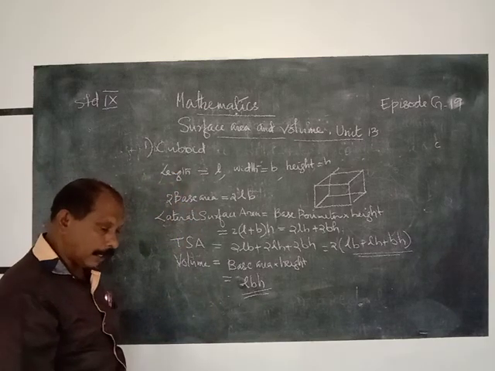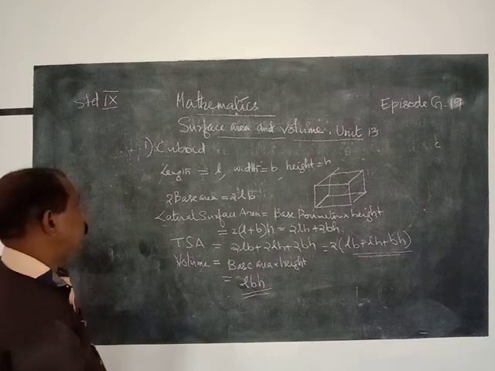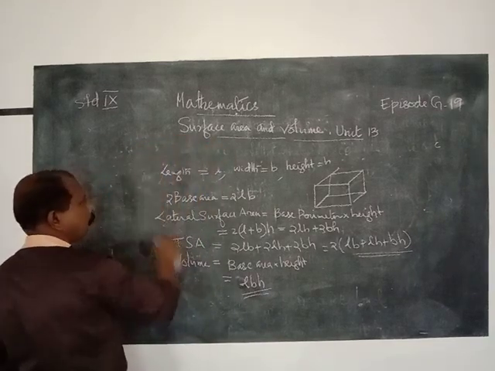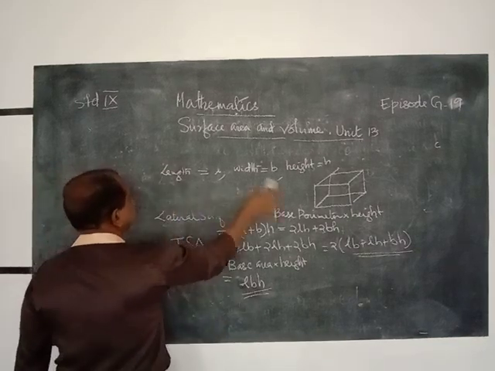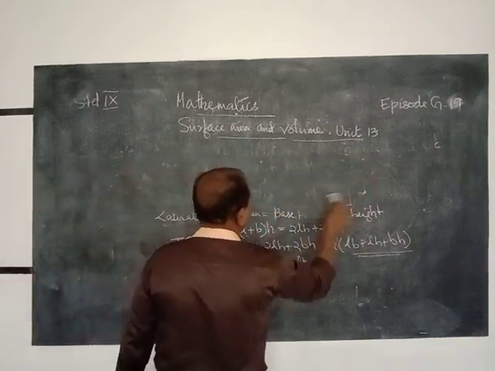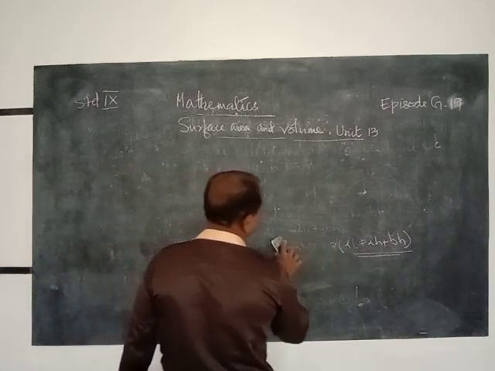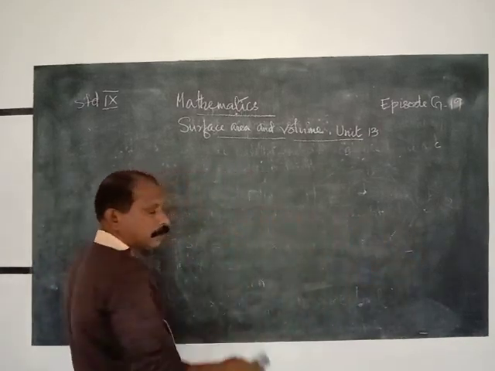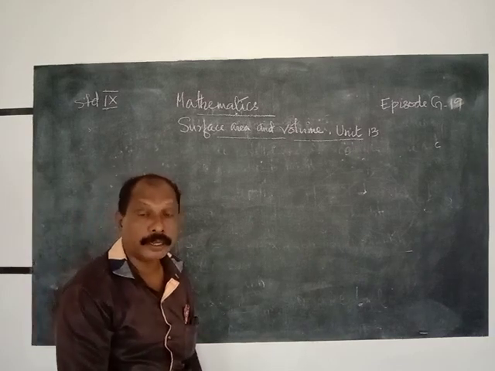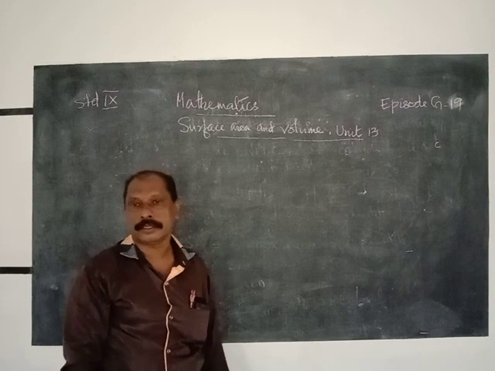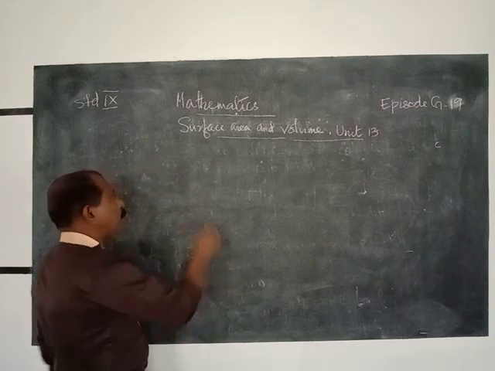Clear? Then let us consider the second solid, that is a cube. Cube means all the surfaces are equal in area. That means length, width and height are equal. It is a cube.